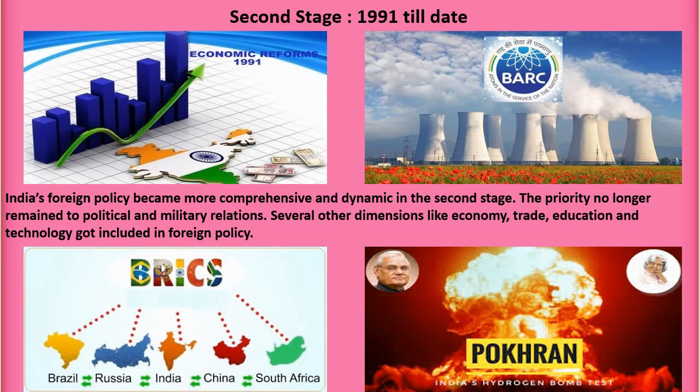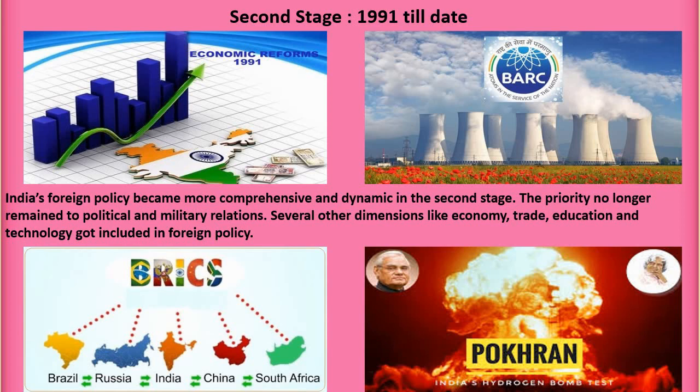As a consequence of this, students, India conducted her first nuclear test in the year 1974 at Pokhran. Now, in the second stage of India's foreign policy, India built nuclear weapons and conducted the second nuclear test in the year 1998.